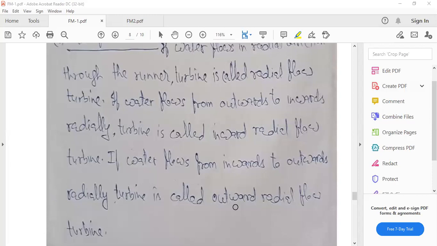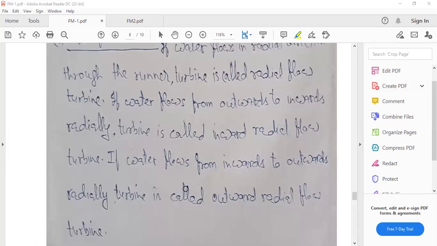Now radial flow turbines are of two types: inward radial flow turbine and outward radial flow turbine. In inward radial flow turbine, water moves from outward to inward, and in outward radial flow turbine, water moves from inlet to outlet, or inward to outward.